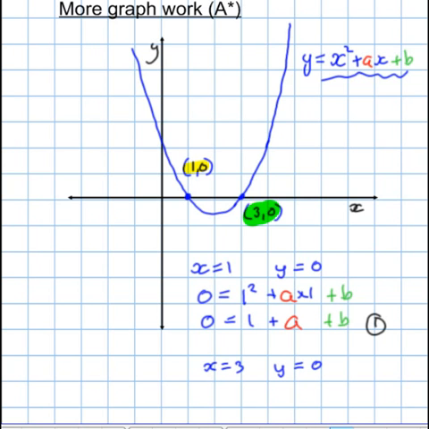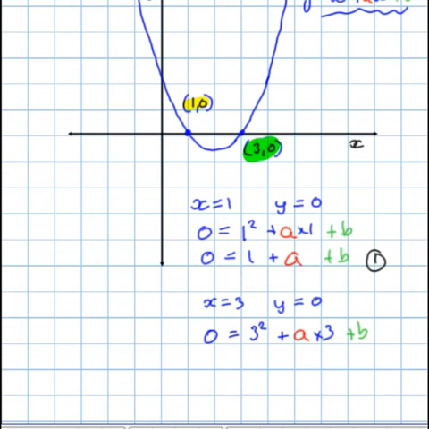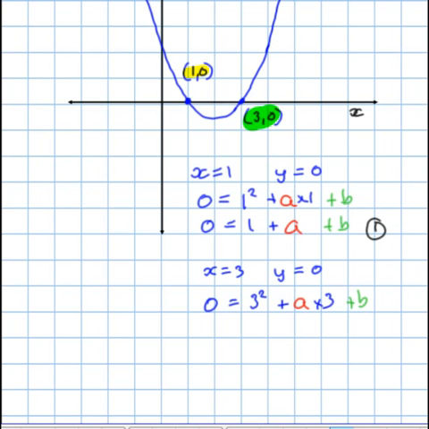Now substitute x equals 3 in and y equal to 0 and we get 0 equals 3 squared plus a times 3 plus b, which I'll tidy up as 0 is equal to 9 plus 3a plus b. And that's our second equation.